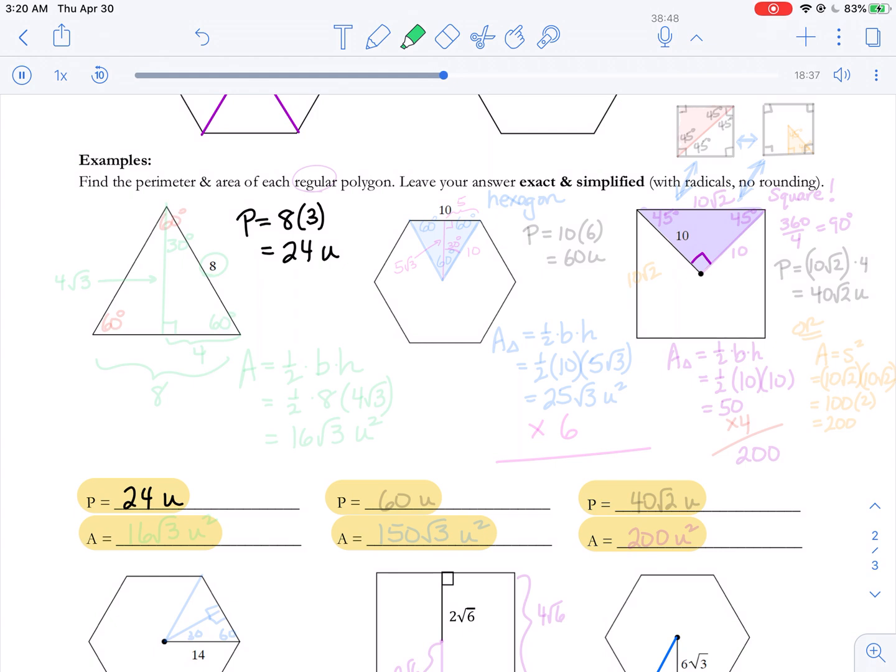Now, I told you these are all regular, so you can assume that, and that means this is 60 in every corner. Every time you have an equilateral triangle, you can draw in an altitude and cut it into 2 what kind of triangles? 30, 60, 90. So if we drop an altitude, that'll cut that one in half and make it a 30, 60, 90.